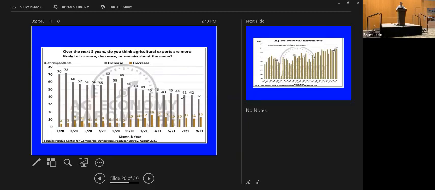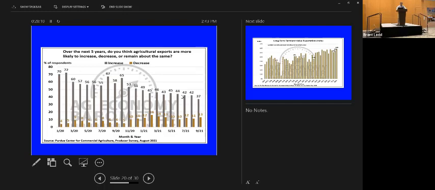We just had a discussion about exports. The gray line represents the number of survey respondents that think ag exports will increase over the next 5 years. The gold line represents survey respondents who think farm exports will decrease over the next 5 years.